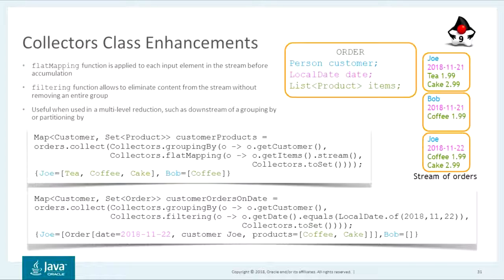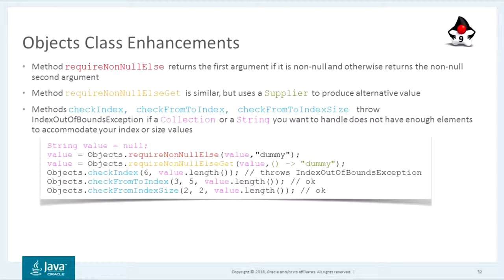So if I used a simple filter method, I would lose information about Bob, because Bob never made an order on the 22nd. The only order that Bob made was on the 21st. But I want to know the fact that Bob made orders, even though I don't want to know what these orders are. That's the difference with filtering. It does not discard the group. The group for Bob, grouping by customer, still remains. It's not trashed. Well, it's just an interesting permutation of behavior, I guess.